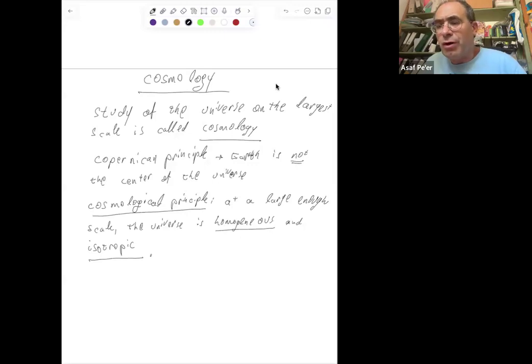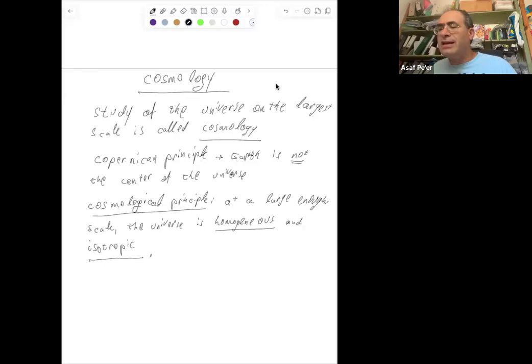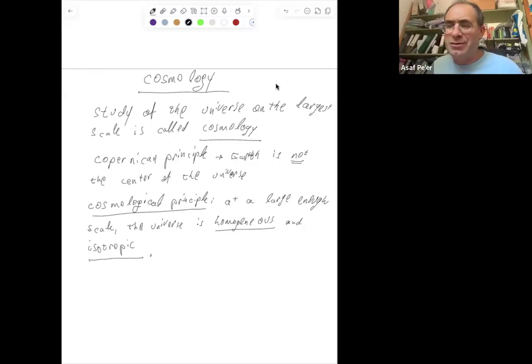Now, of course, this is wrong, right? If I look to my left and I look to my right, I don't see the same thing. So obviously, I cannot say that the world that I'm surrounded by is isotropic. And also, the conditions right here in your room and the conditions at the center of the sun are not the same. So obviously, it's not true to say that the universe is homogeneous. Things do evolve.